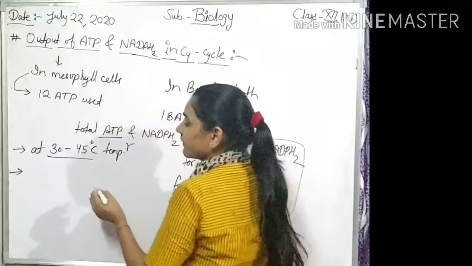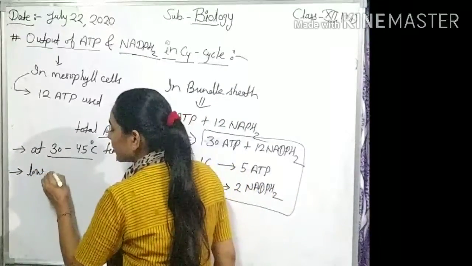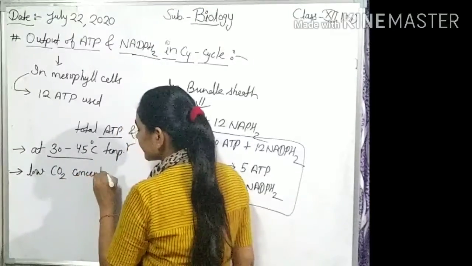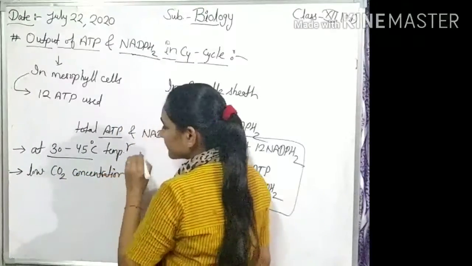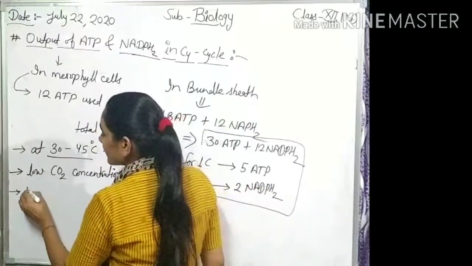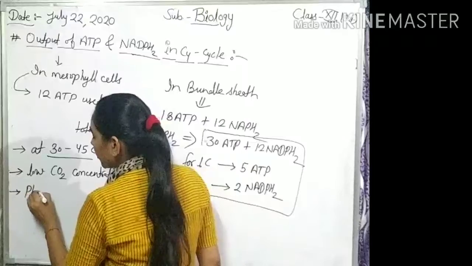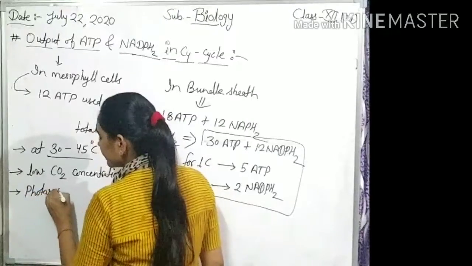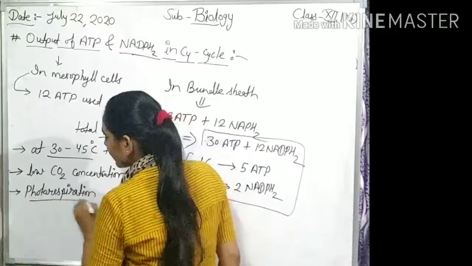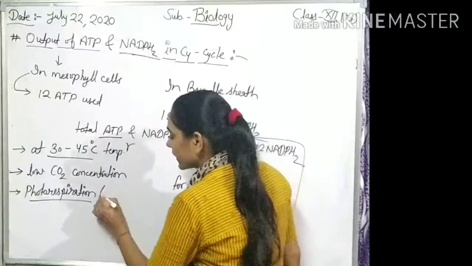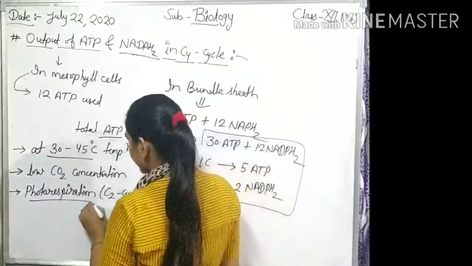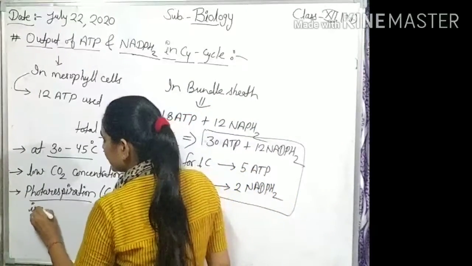The C4 cycle activates at low CO2 concentration. Third property, photorespiration, also known as the C2 cycle, is absent.